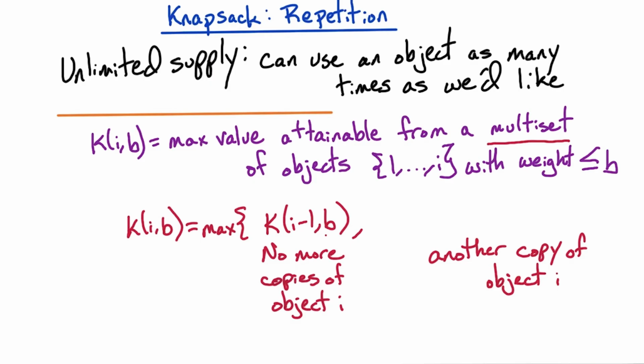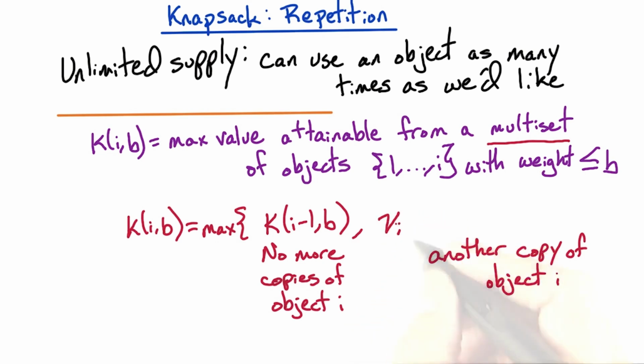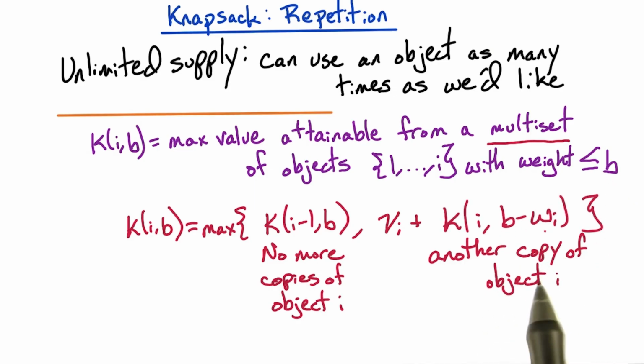In the other scenario, where we're adding in another copy of object i, for that copy we get value v_i, and in addition, we get the optimal solution to the subproblem where the capacity went down by w_i. So the capacity available is now b minus w_i.